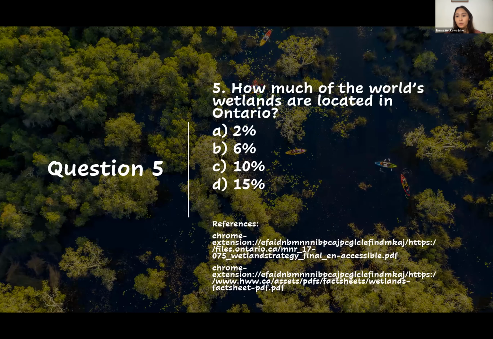And how much of the world's wetlands are located in Ontario? So it's actually only 6%, but that 6% accounts for about 25% of all the wetlands in Canada.